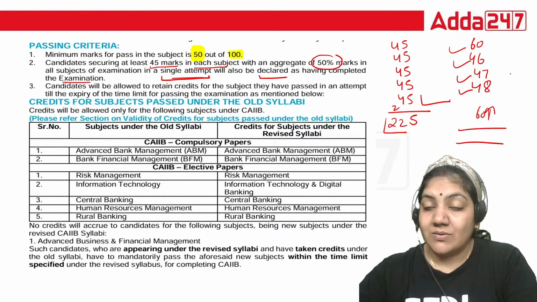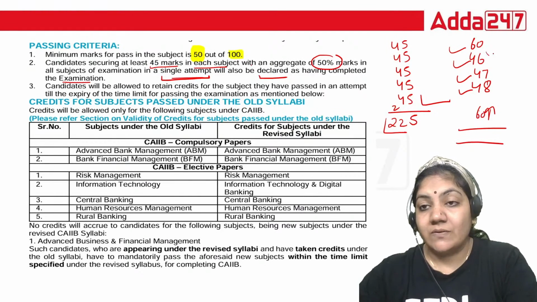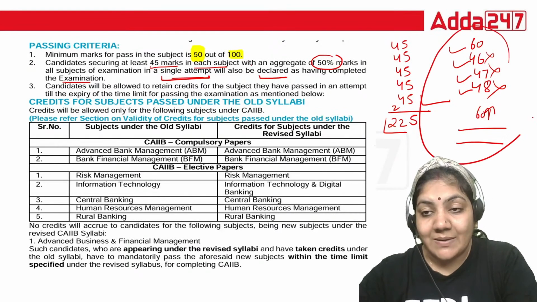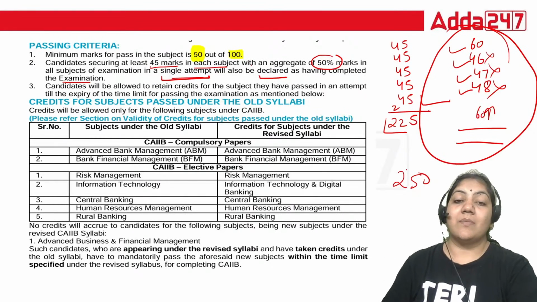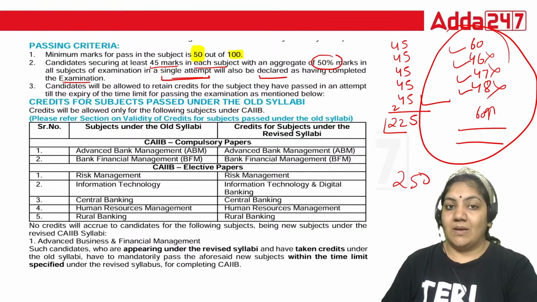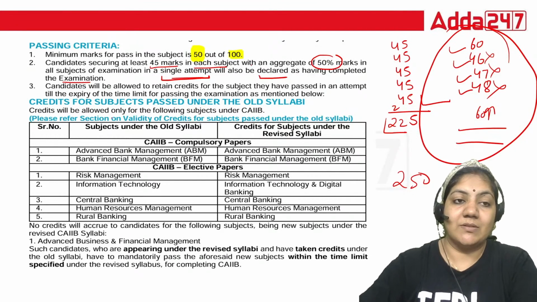This is very important, otherwise it will not be counted. So in a single attempt, you have to score above 250. This is very much important. This is your second point.